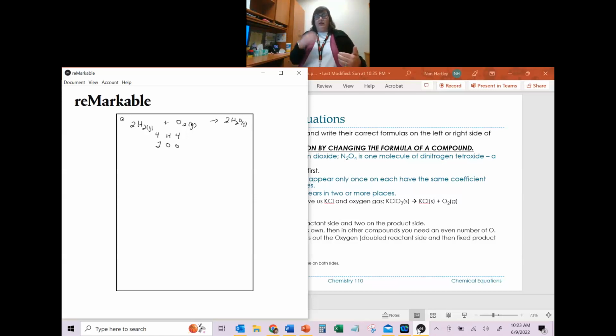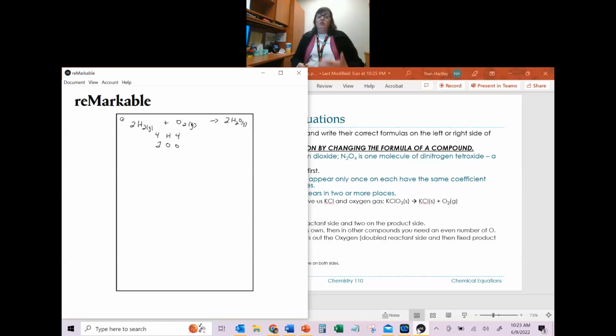If it's an ionic compound, we have the number of cations and the number of anions demanded by the charge on those two species. In a molecular compound, we will eventually talk about why we make the bonds that we make. So it's not possible to just say, well, I don't like that number, so I'm going to change H2O to H2O2.